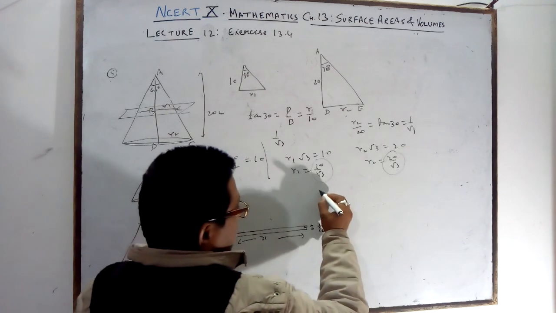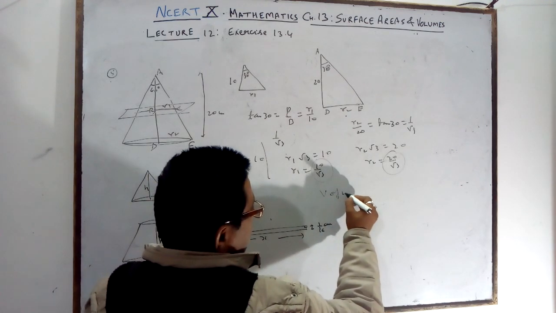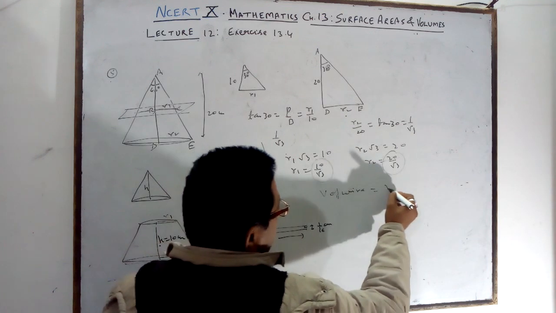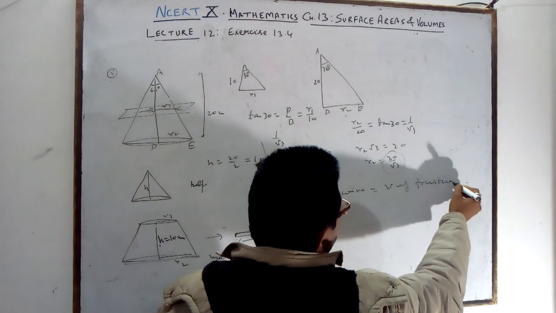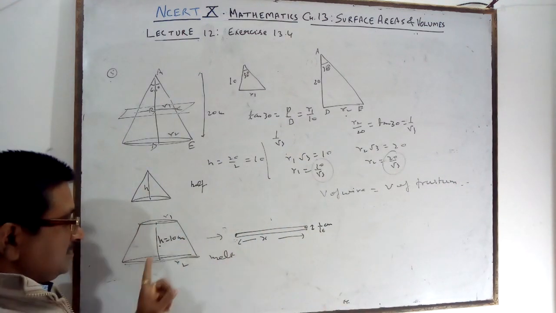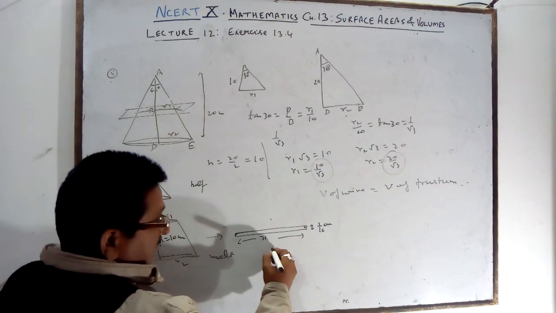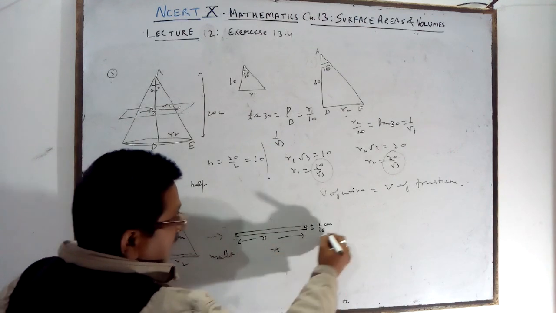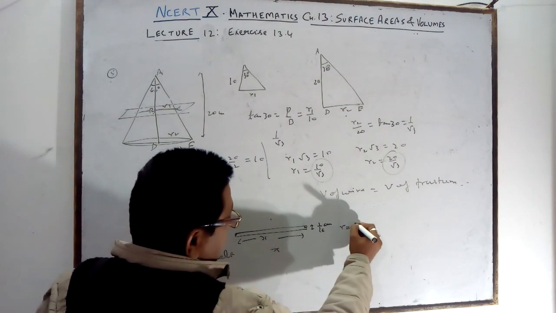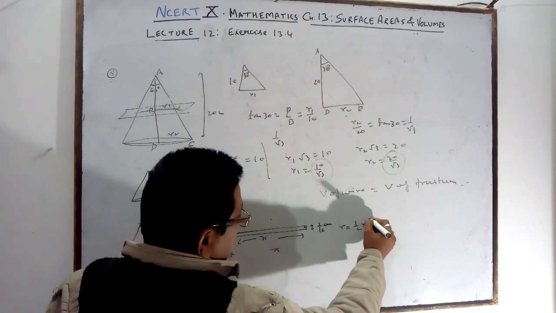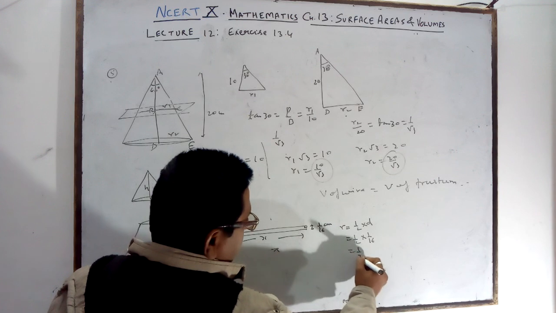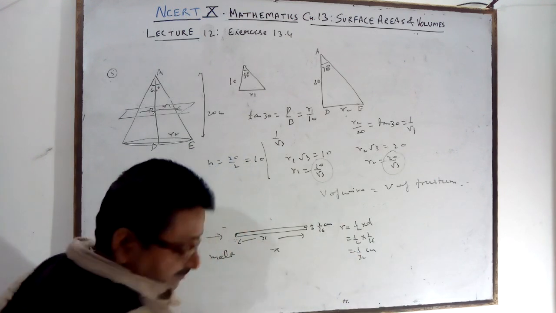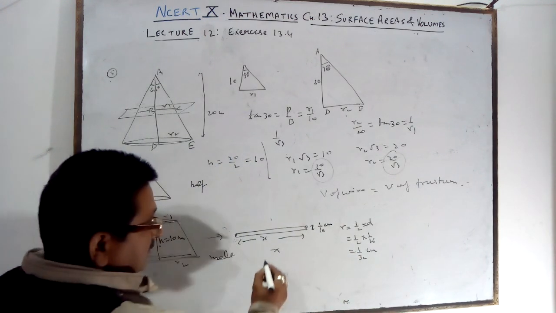Volume of wire is equal to volume of frustum. Why? The wire is a cylinder. What is the R of this? R is half of the diameter, that is half of 1 upon 16. You will get 1 by 32 centimeter.